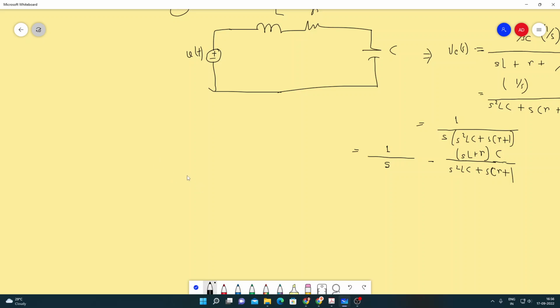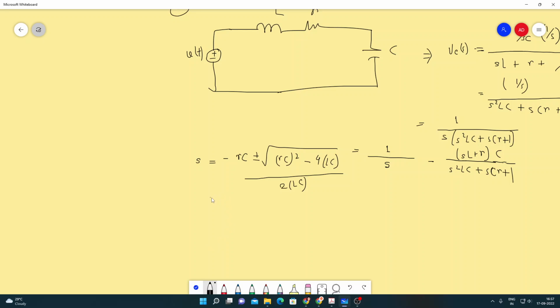So what are the poles? Poles are S equals minus RC plus minus root over RC squared minus 4LC by 2LC, right?